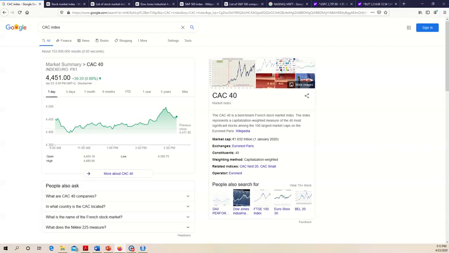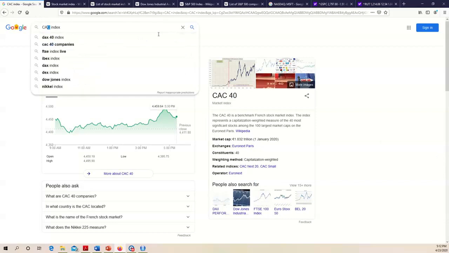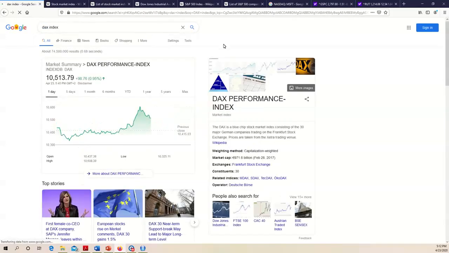It measures the 40 most significant stocks traded in the French market. The DAX index, right? This index involves roughly 30 major German corporations traded where? In the Frankfurt stock market. These are major European stock market indexes.